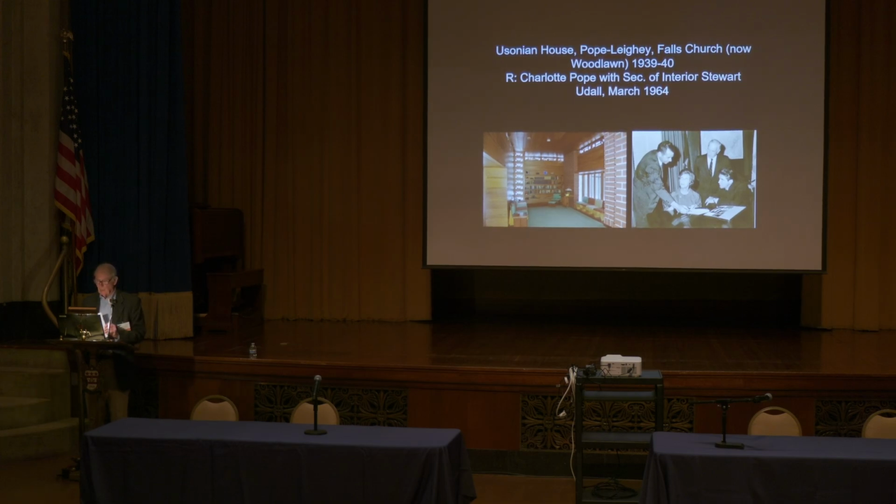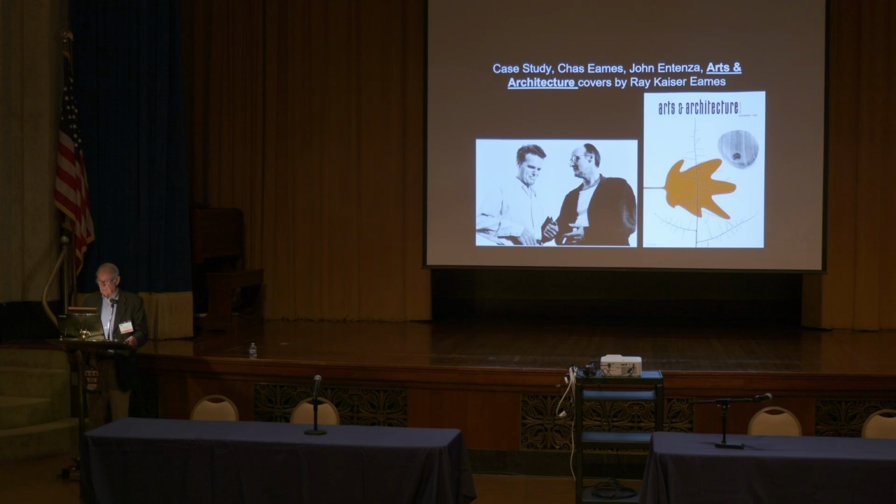There are about 60 Usonian houses. There's a book on all of Frank Lloyd Wright's houses, and I counted up about 60 that were built, out of the 500-odd buildings of his that actually were built.